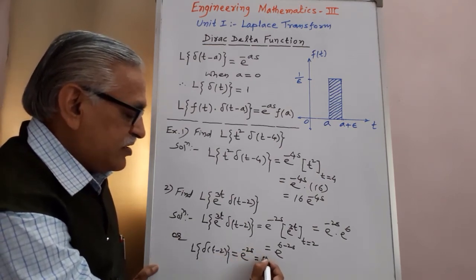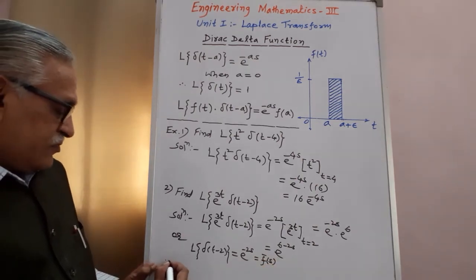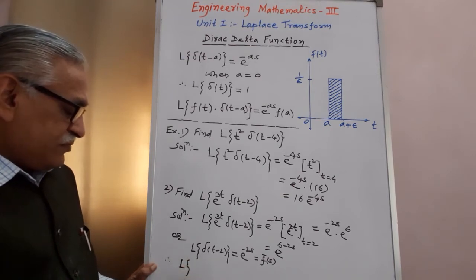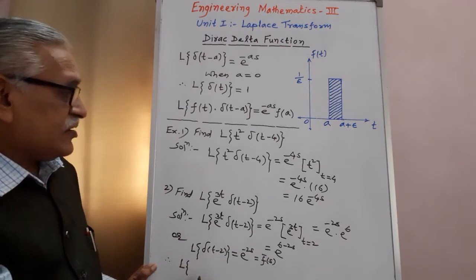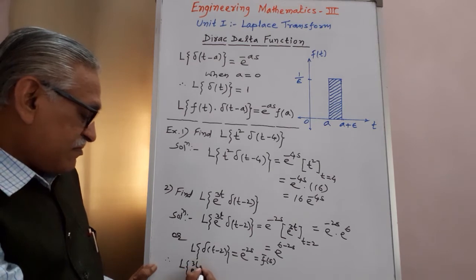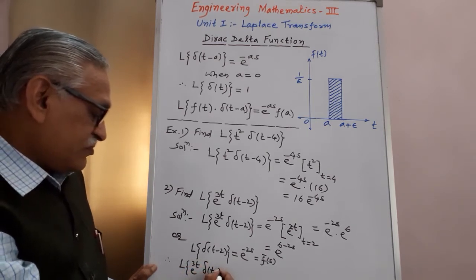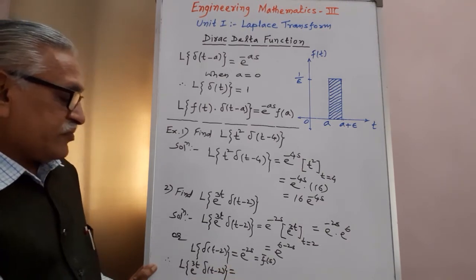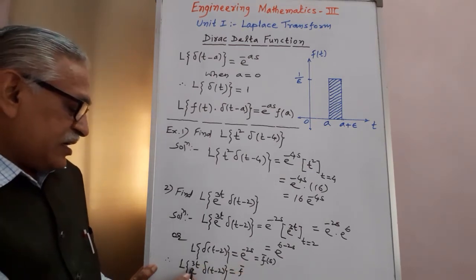We call this a bar of s, and therefore by the first shifting theorem, Laplace transform of e raised to 3t into delta of t minus 2 is equal to replacing s by s minus 3.